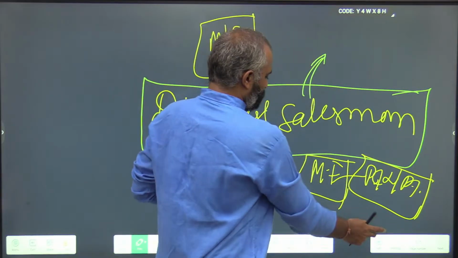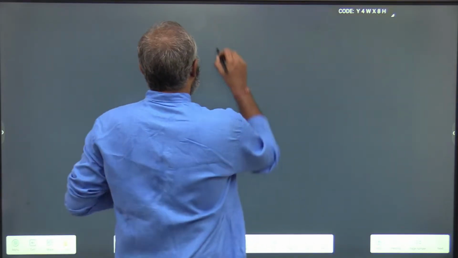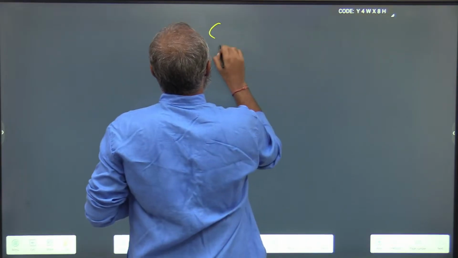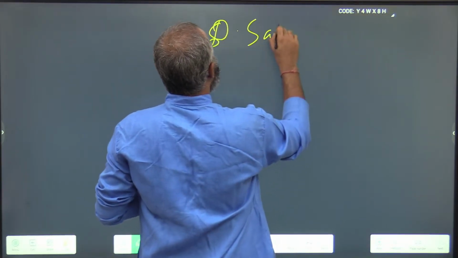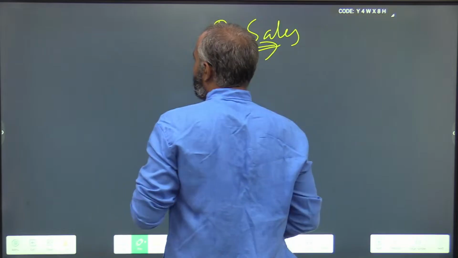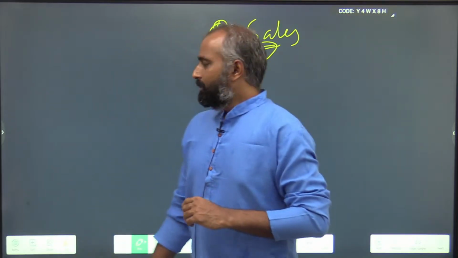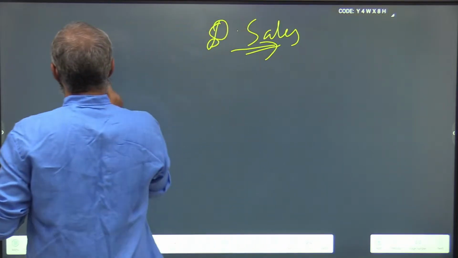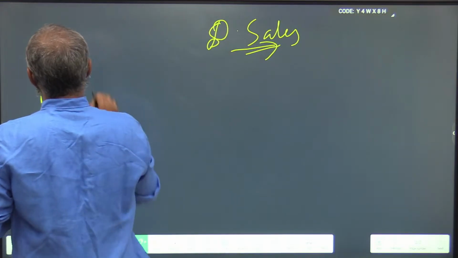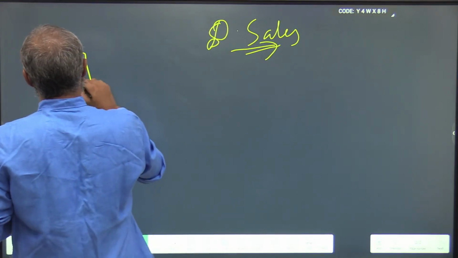Okay. So as you might have seen, dishonest salesman. Normally, how do purchases happen? Purchases happen when, suppose somebody produces, suppose this is an industry.